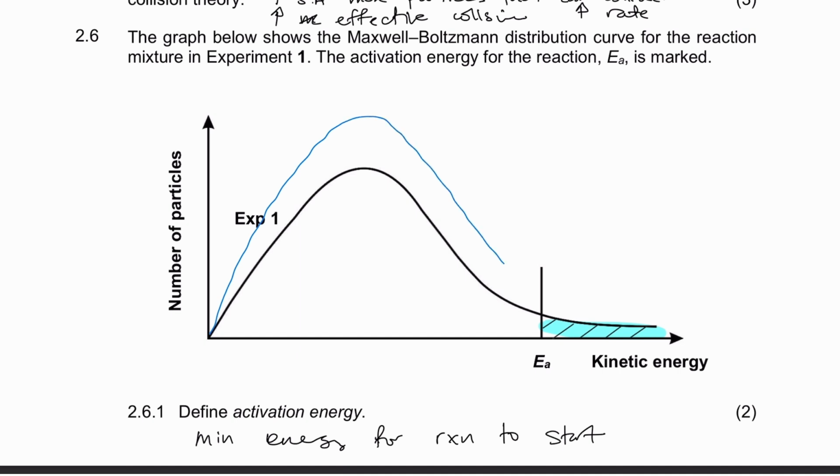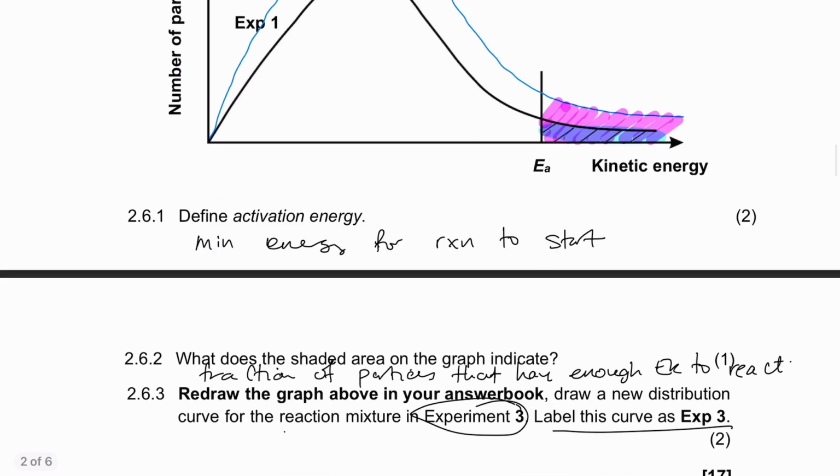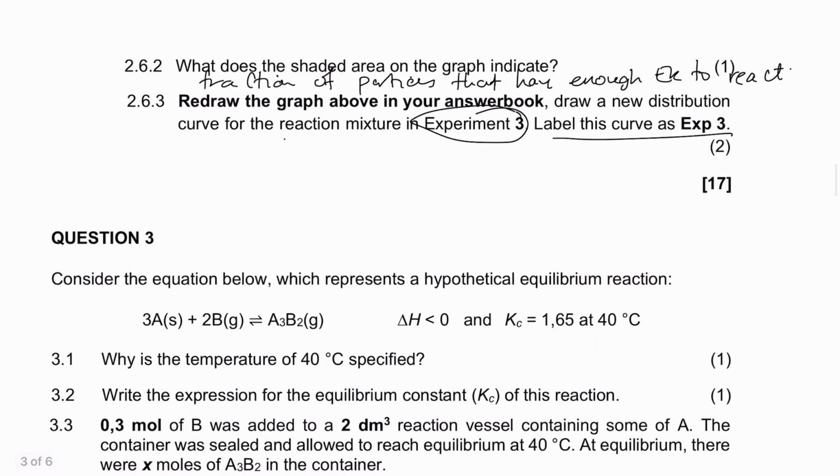So it is just a larger graph because it has a higher concentration. The peak should stay in the same area, and because the graph is larger, what we'll then notice is that you're going to have a larger area here. And if you have a larger area there, then you're going to have more particles that have enough energy, and the rate would then increase. The rate of the reaction, that is.